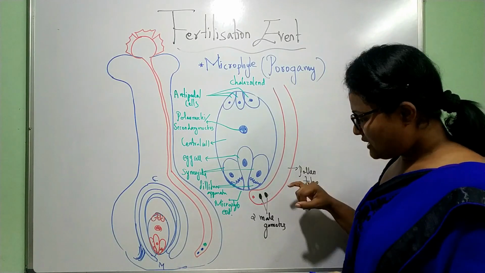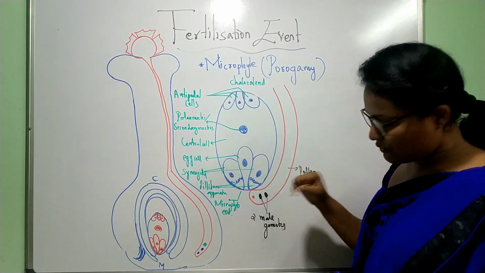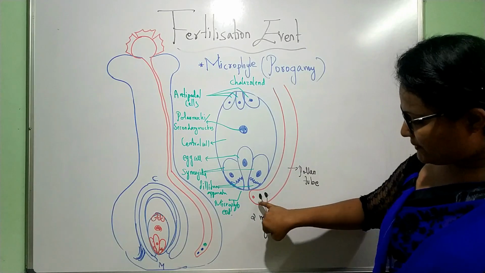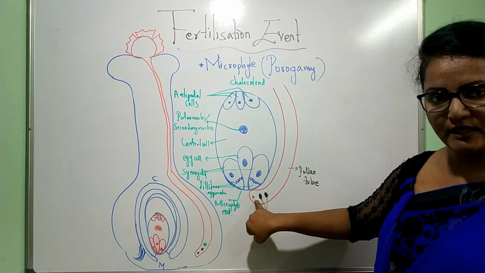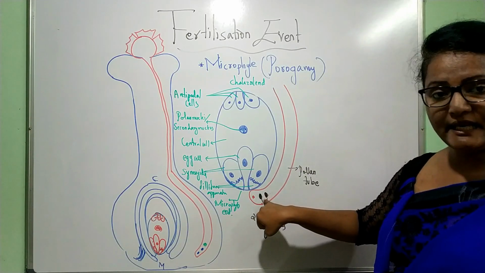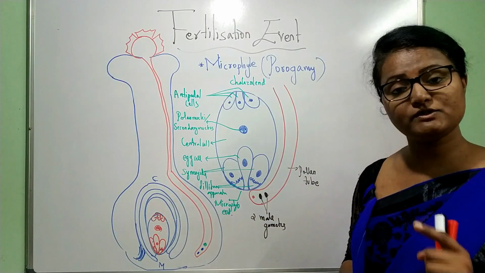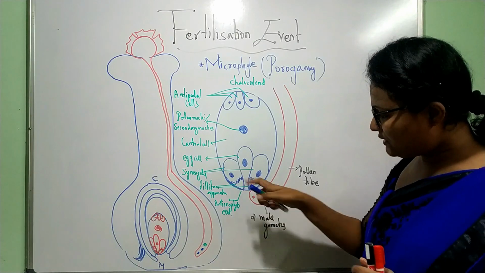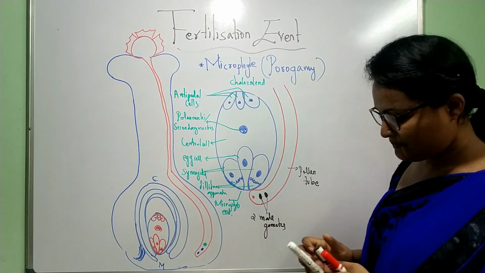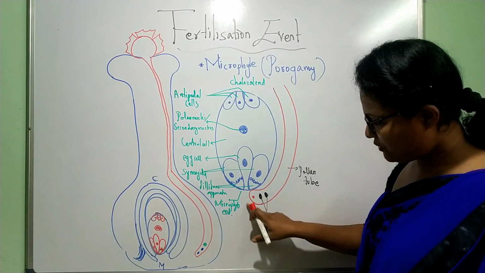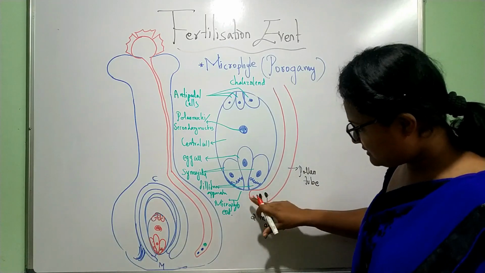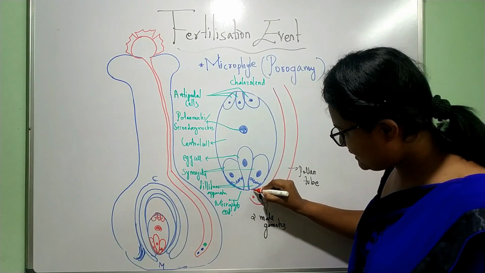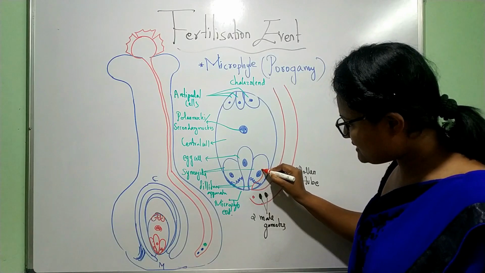The coming pollen tube has a vegetative cell nucleus and two male gametes produced from the generative cell. What happens when the tube enters through the micropylar end? First it enters the synergids.